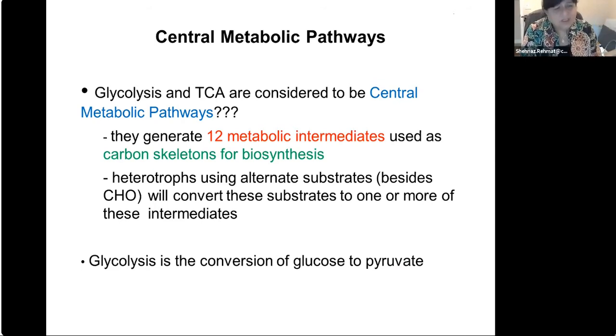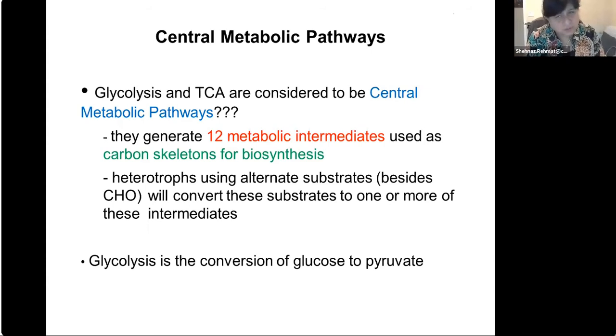Because they generate 12 of the intermediates that are needed as carbon skeletons for biosynthesis. So through glycolysis and TCA, you will see most of the intermediates being used as carbon skeletons for biosynthesis. And therefore, it becomes easy for the cell to control these metabolic pathways.